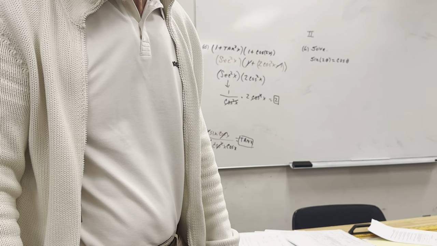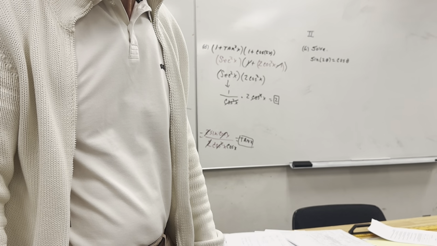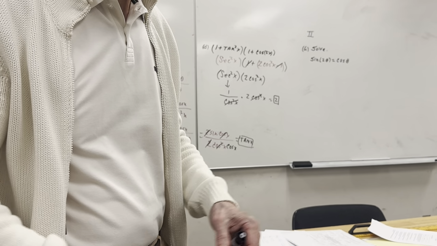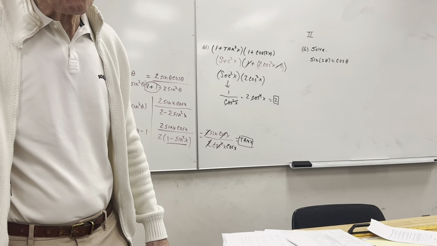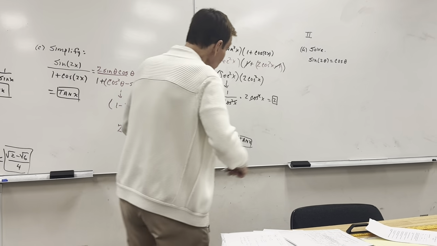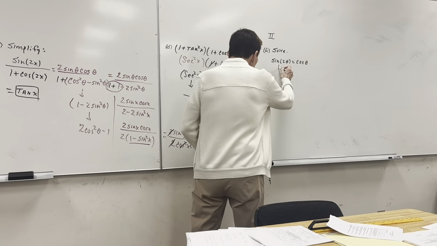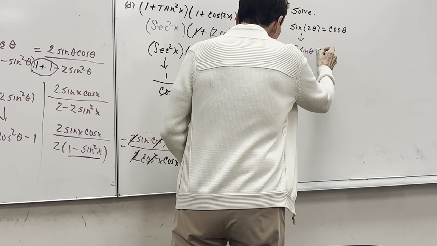What are you gonna do? I think we sort of got up to this point when I was with you guys last time. Well, you gotta know your formulas. Does this require a formula? Yes. Sine double theta, which I used over there, could quickly be written as what? 2 sine theta cosine theta.